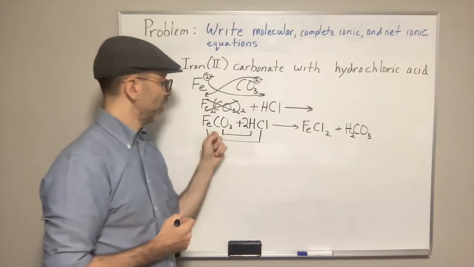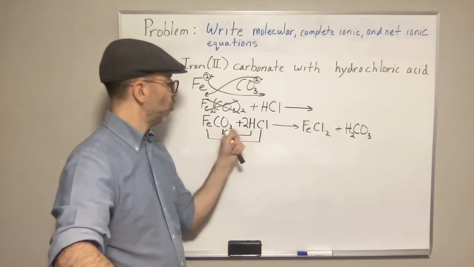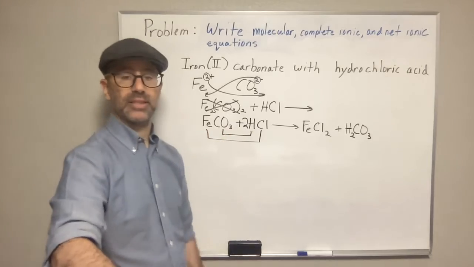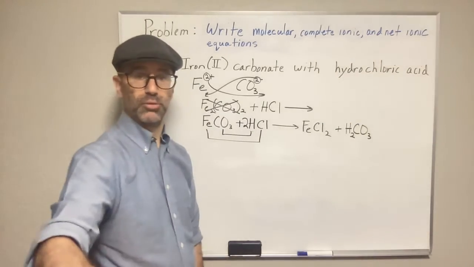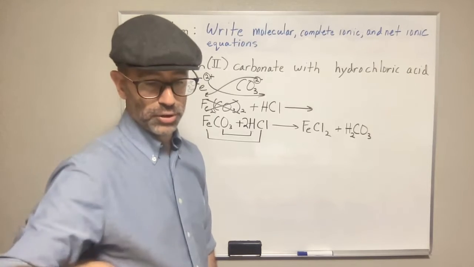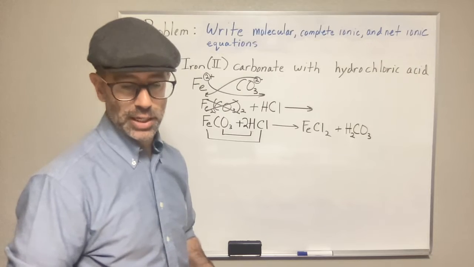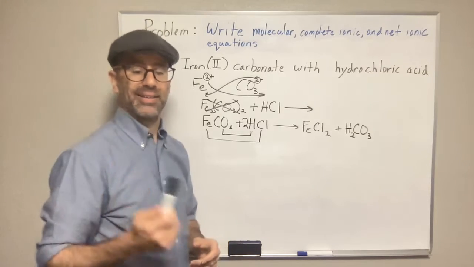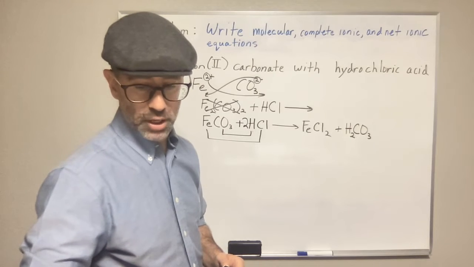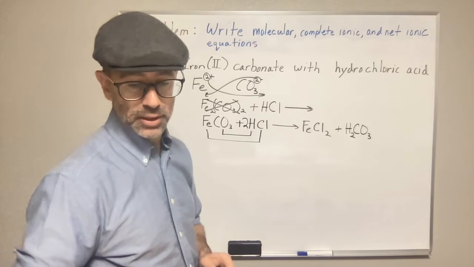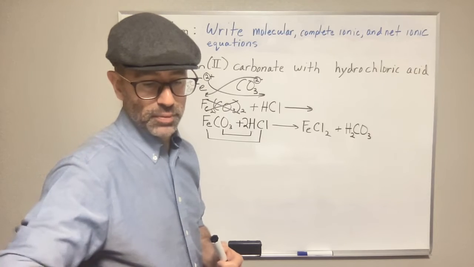So when you want to figure out what state your ionic substance is in, this is where the solubility rules come in. So according to solubility rules, if we look at carbonates, it says salts that contain carbonate are insoluble unless they have a group 1 element or ammonium.